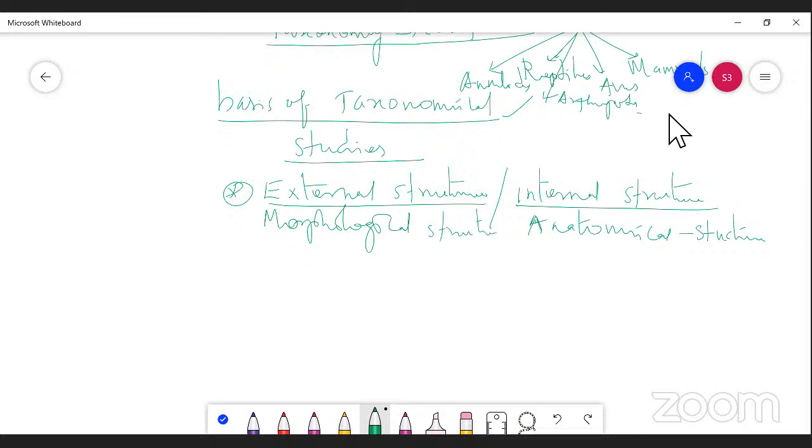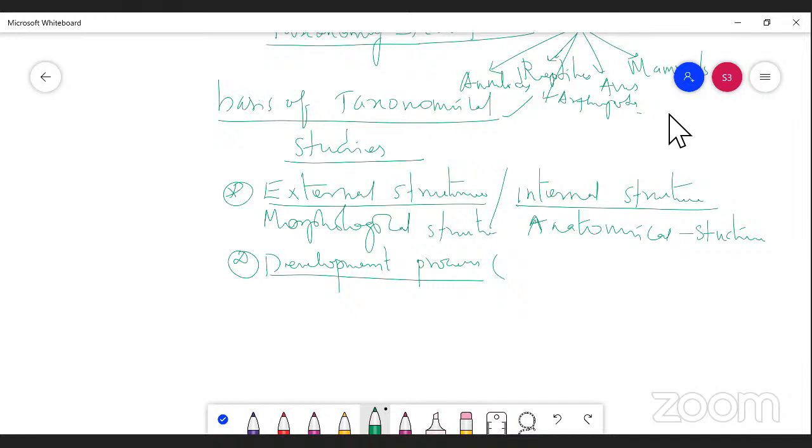Next, the development process of organisms. Embryological development we should also understand.